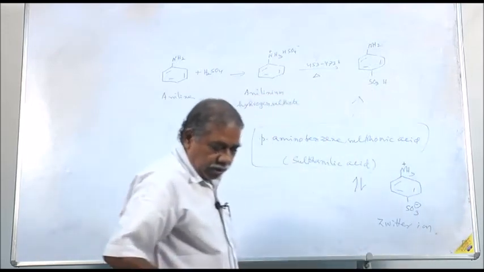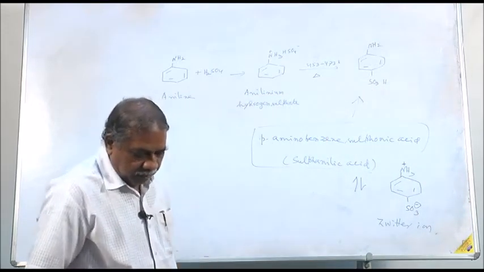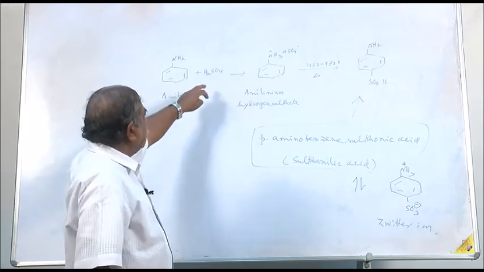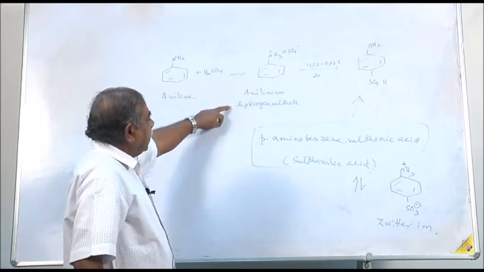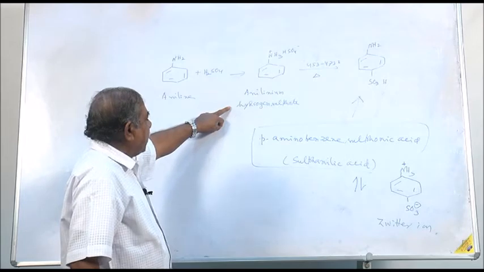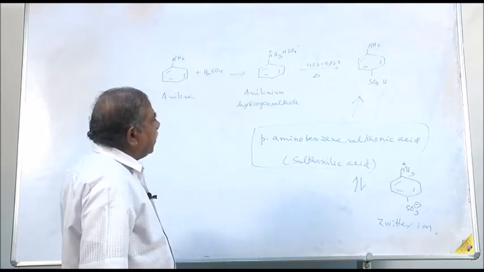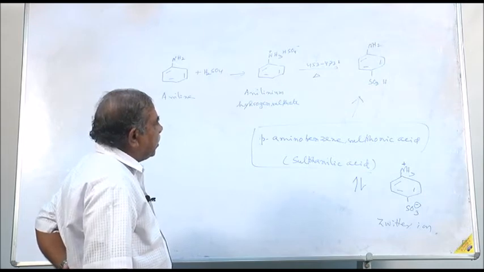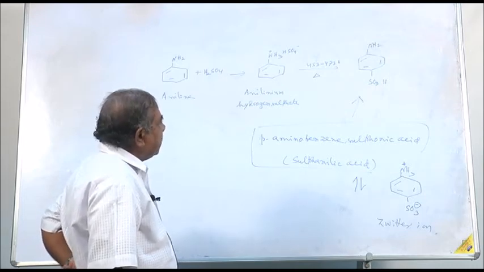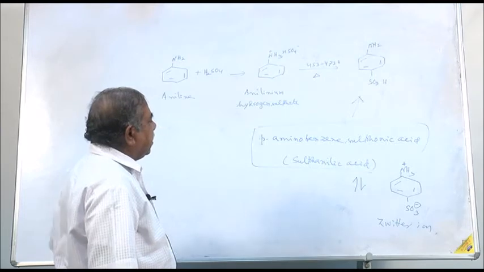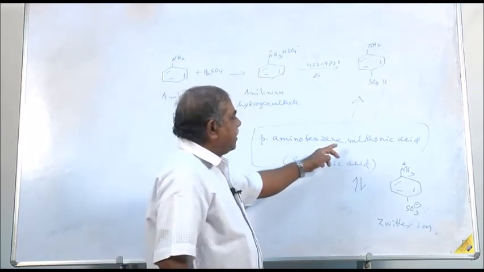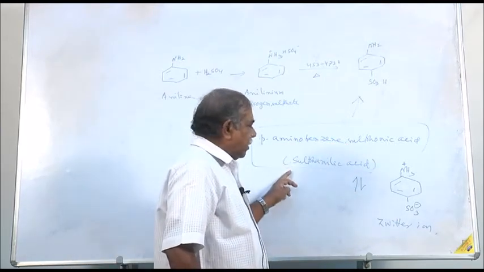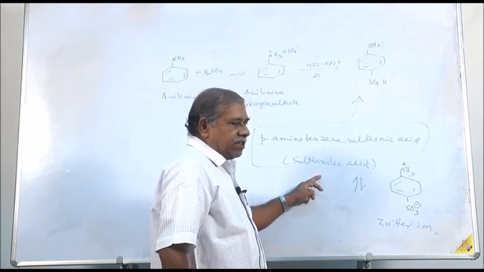So, during the sulfonation process, we use concentrated sulfuric acid. First we get an addition compound, aniline hydrogen sulfate. When heated between 453 to 473 degree absolute, a rearrangement reaction takes place, and you get para-aminobenzene sulfonic acid, commonly known as sulfanilic acid.